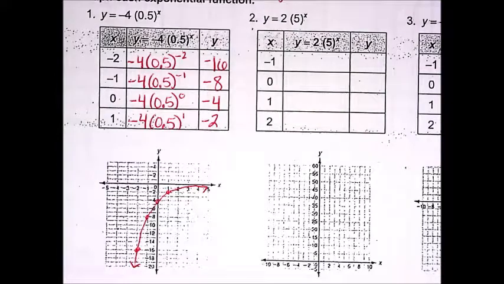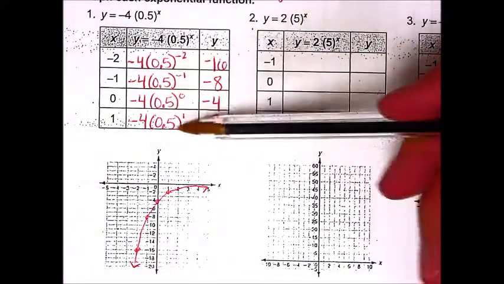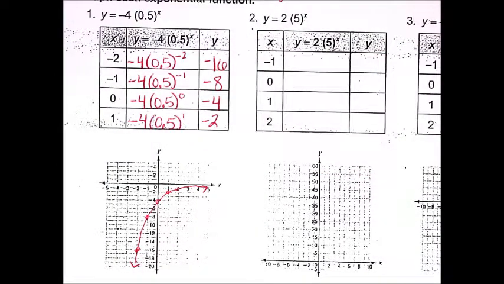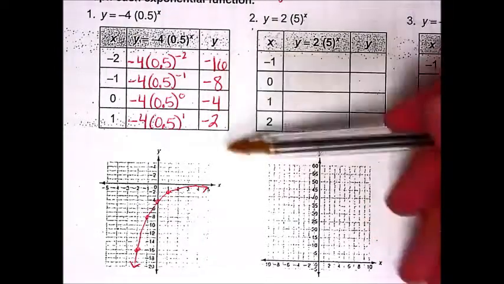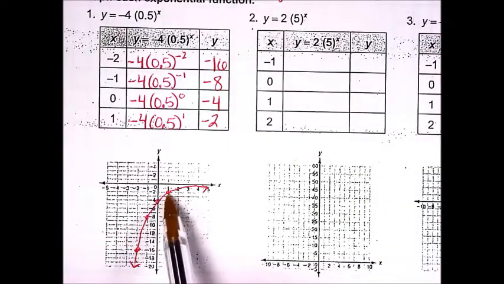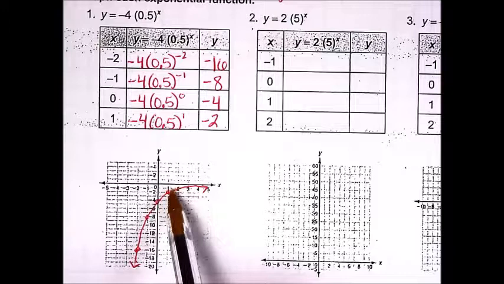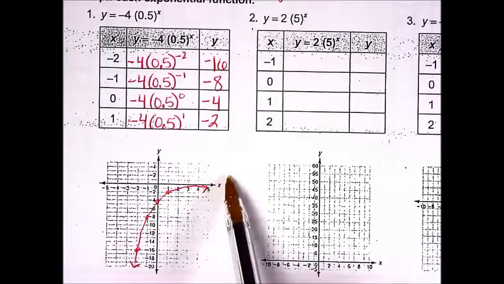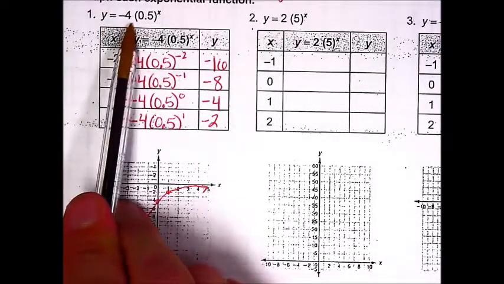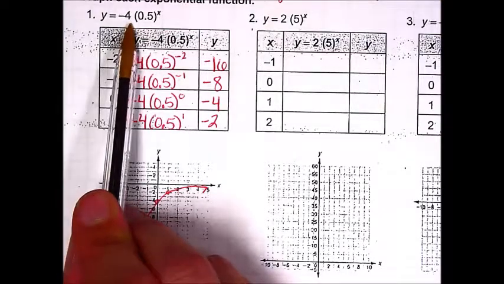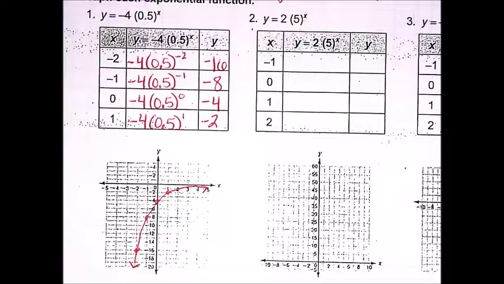Think about it. You can't take a positive decimal and multiply it times negative 4 and get anything that's not a negative. So don't let that line cross up over in the positives. It can't go up there. How are you going to multiply by negative 4 and get a positive answer? Can't do it. So that's why exponential functions have asymptotes.